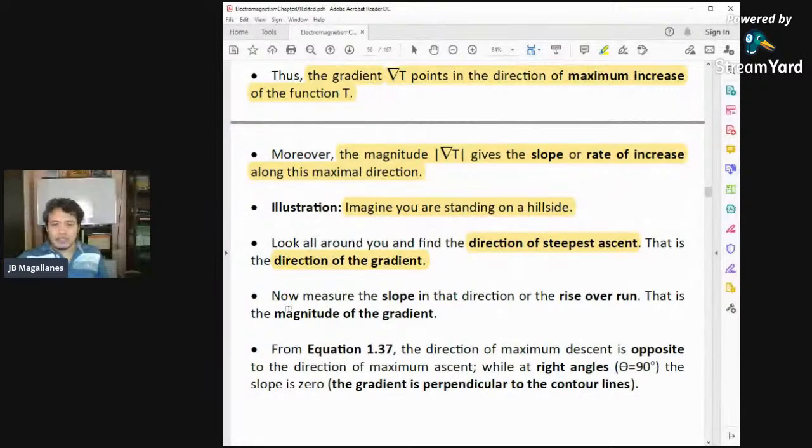Then you can measure the slope in that direction, or the rise over the run. That is the magnitude of the gradient. I know it's still hard for you to imagine this, but if you think of this every now and then, you'll be able to get what I mean.